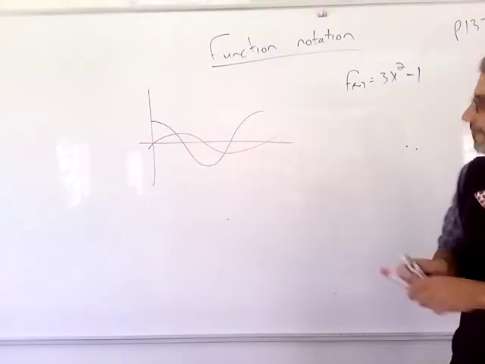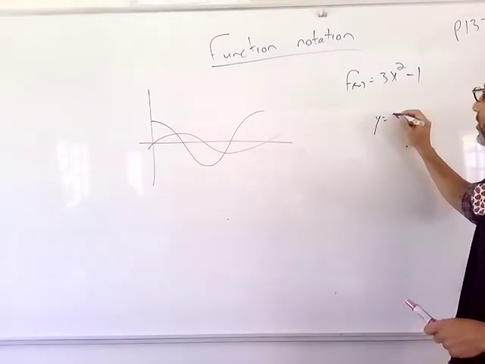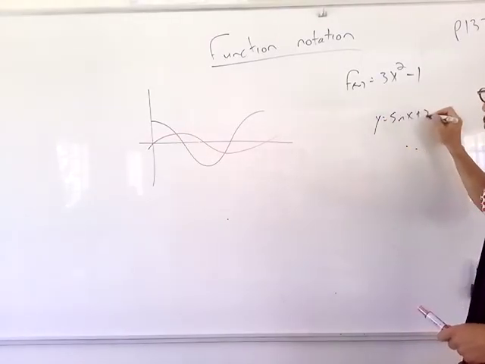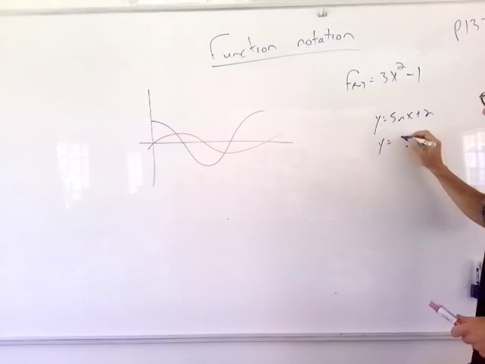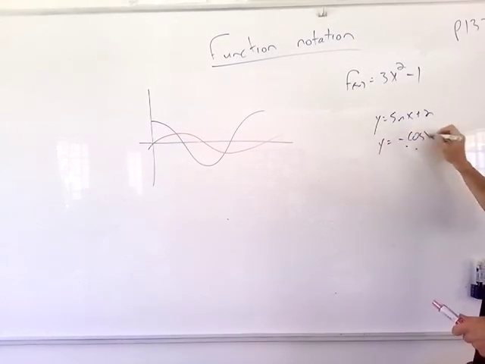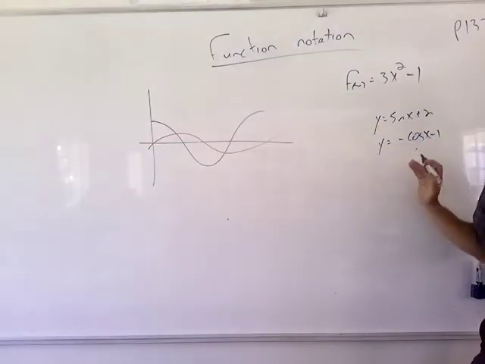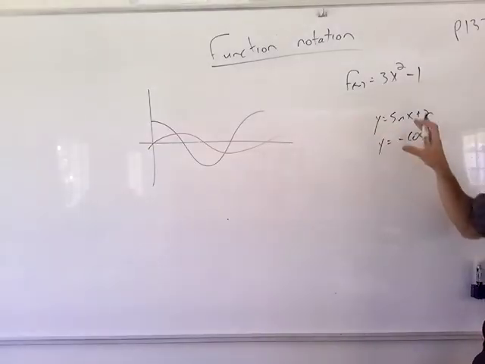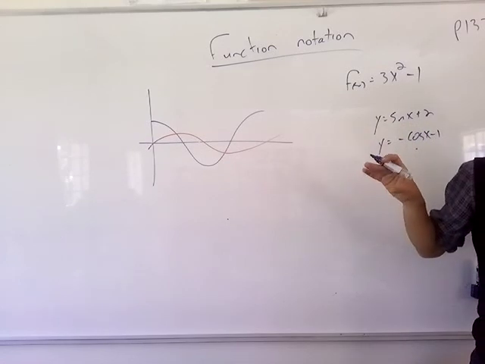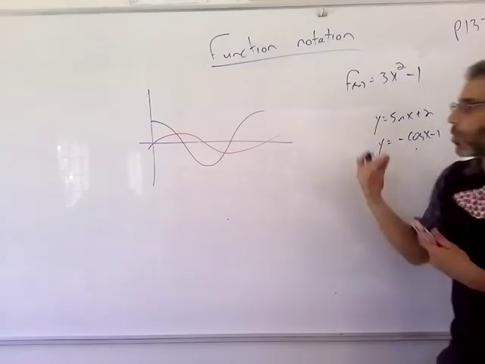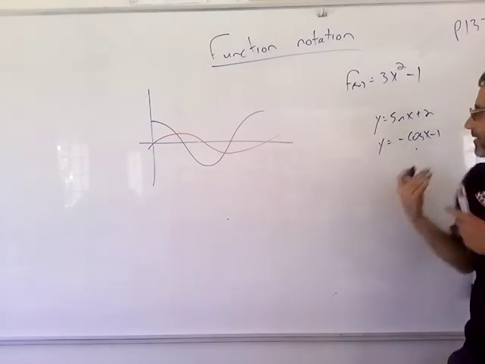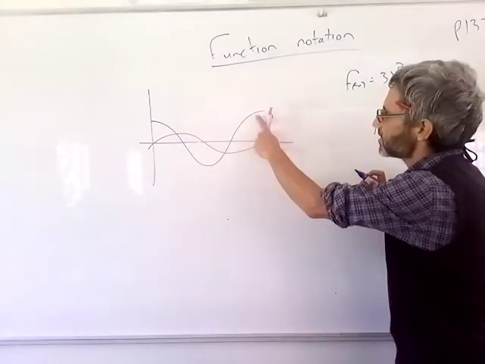And it's going to be difficult for us to say y equals, I don't know what, sine x plus 2, y equals minus cosine x minus 1. I'm just making it up. Why is this going to be a problem? Because we won't know which one is which, right? Is this the y or is that the y?